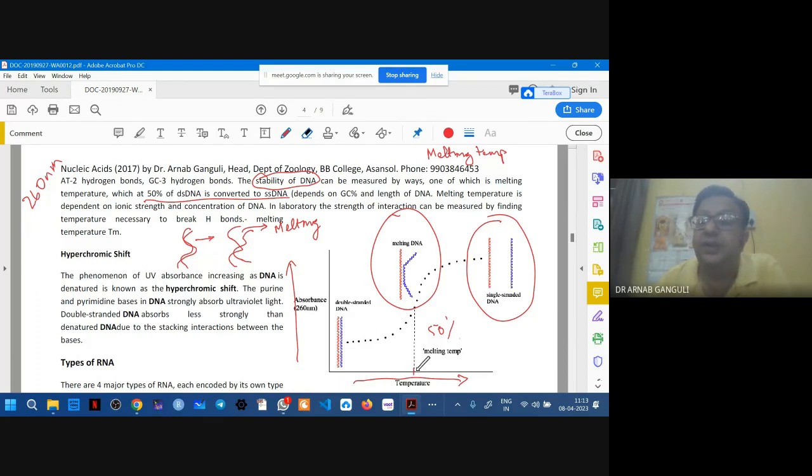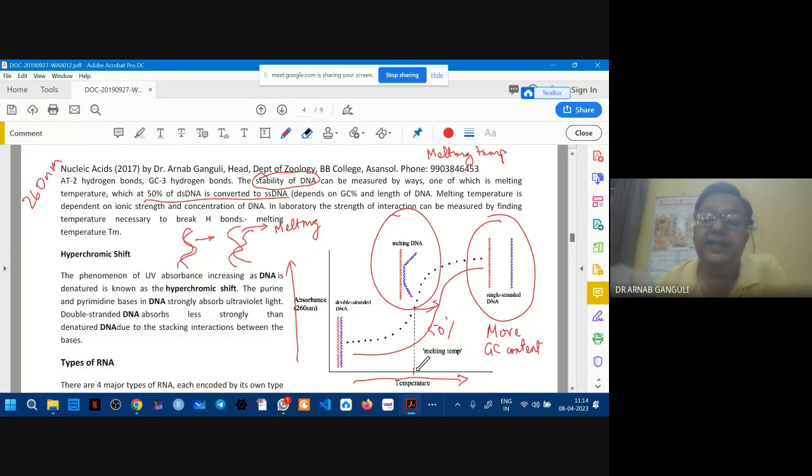So the more GC content, that means the binding is much stronger, so you need more temperature. More GC content DNA will have a curve that shifts more towards this side. You will need to give it more temperature to make it single-stranded DNA.